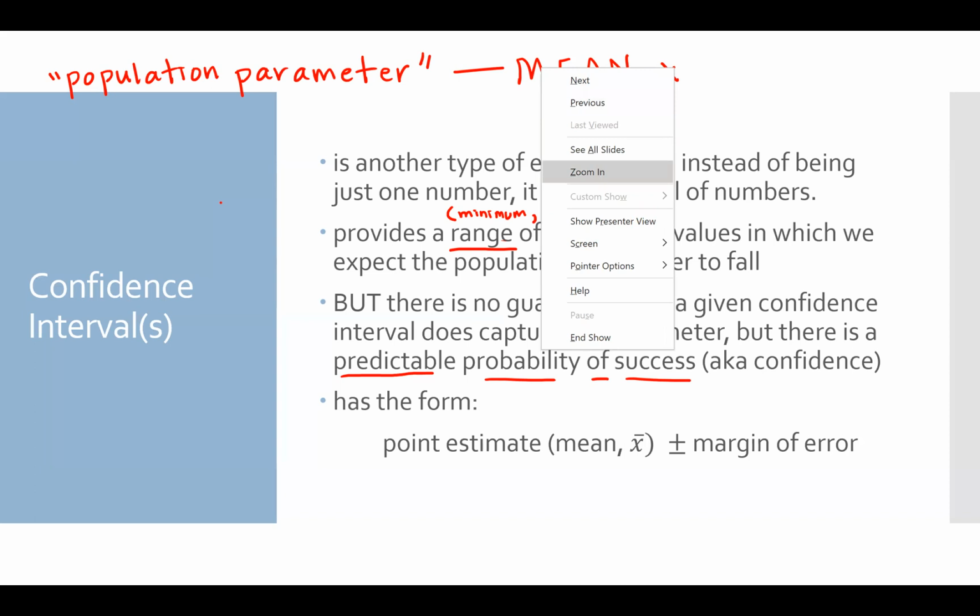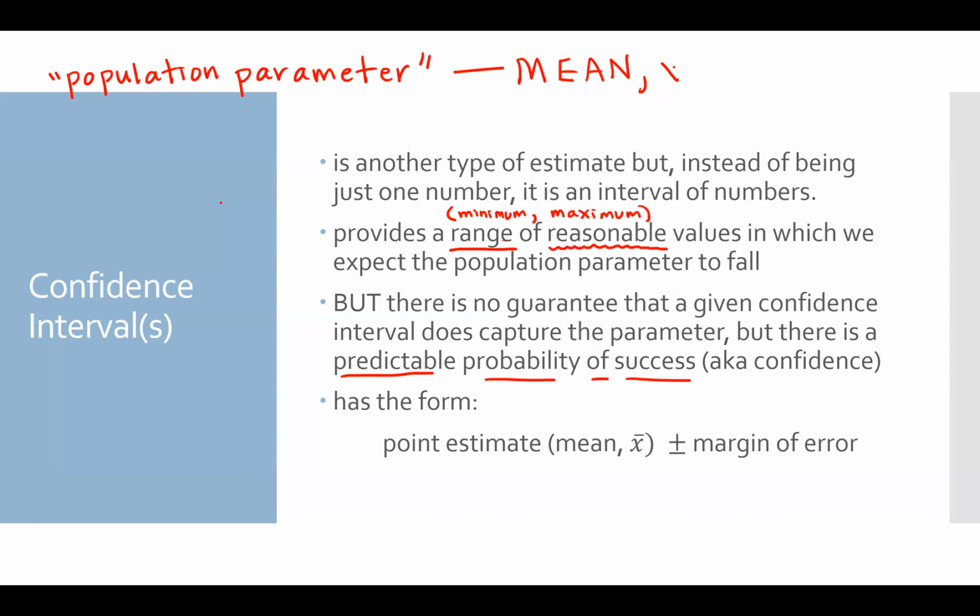We could also talk about the variance. We could talk about the median. We could talk about the standard deviation. The mean is not the only population parameter for which we can calculate a confidence interval. It happens to be the only one that we're going to talk about.